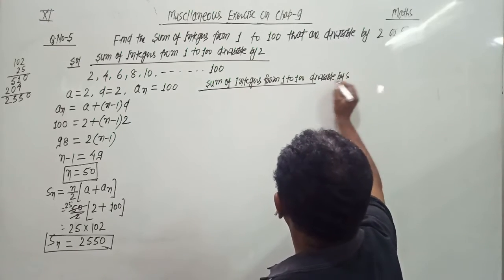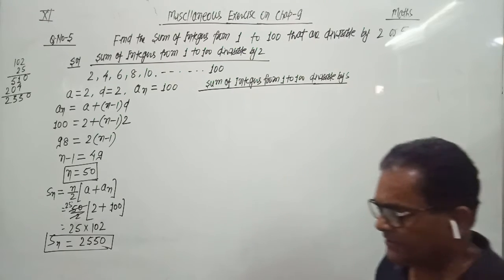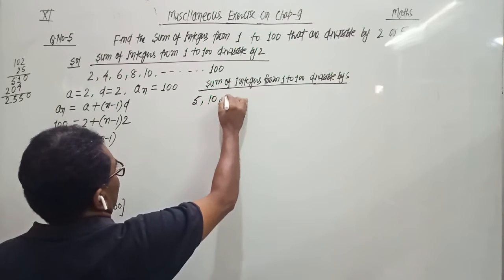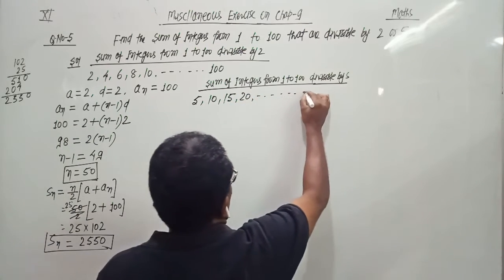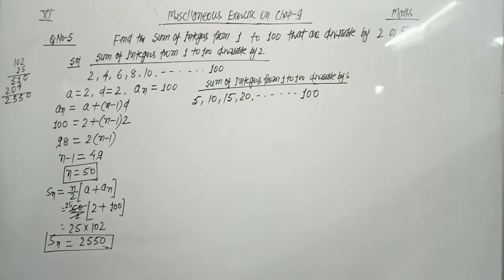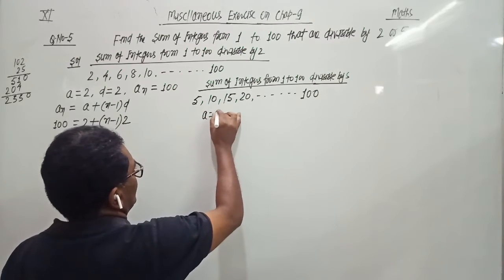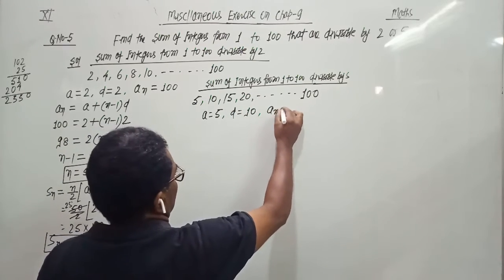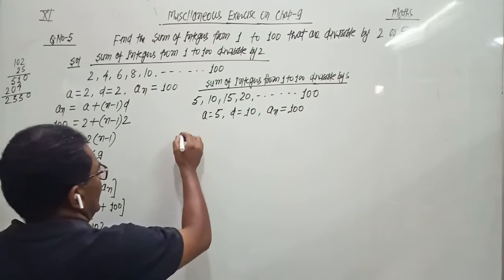The first number divisible by 5 from 1 to 100 is 5, then 10, 15, 20, and the last number is again 100, because 100 is divisible by 5 also. So here the first term a is 5, the common difference d is 5, and the last term an is 100. Again we calculate the value of n.